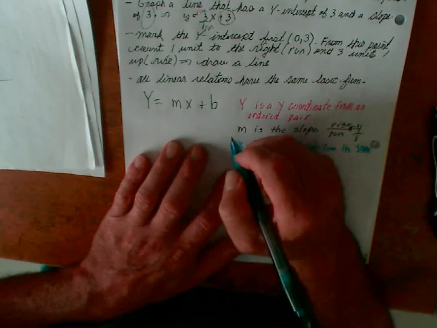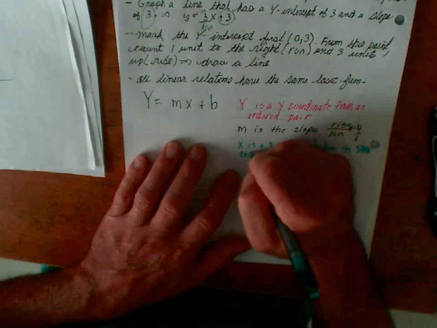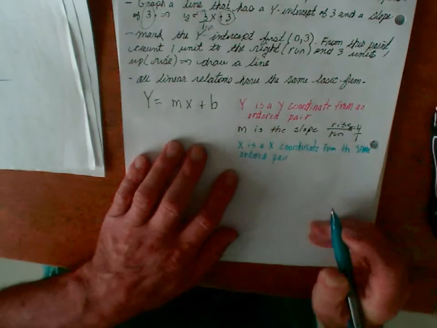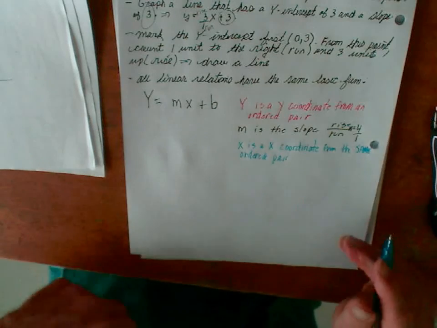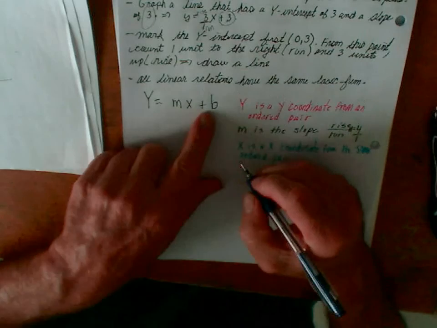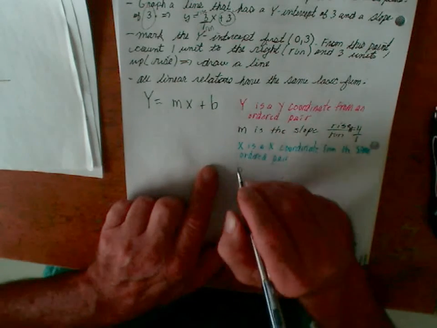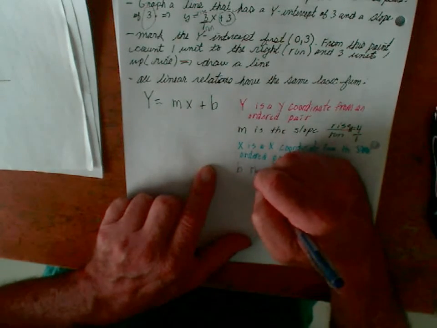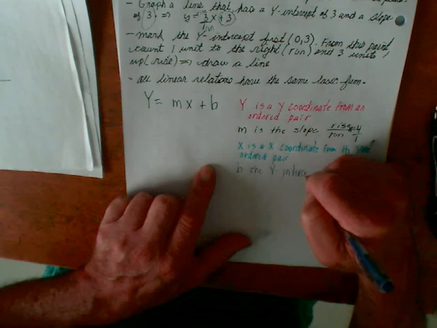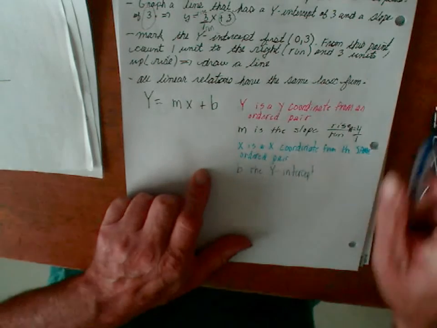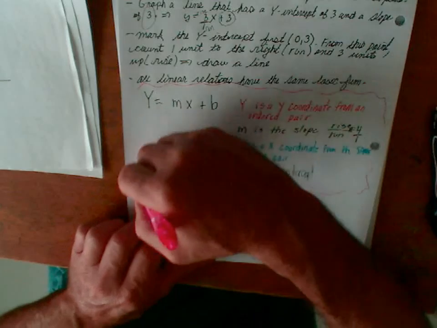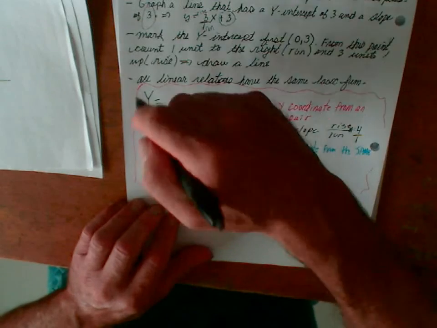This is important, it has to be the same ordered pair or it's not going to be on the line, girls. And then the last little ditty here, this b, this is the y-intercept. I can't tell you how important that is.